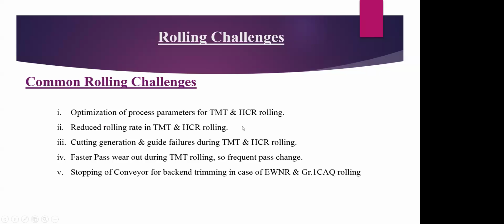Basically, the cooling plays a very important role when we are making TMT coils and in HCR coils also. Since we are producing coils, the process parameter is optimized in such a way that the billet, when it gets rolled and finished and when it is getting laid from the laying head, the first 2 turns are kept hot, few turns are kept hot so that it acquires the shape of the bend pipe and comes out of the bend pipe in a proper manner.